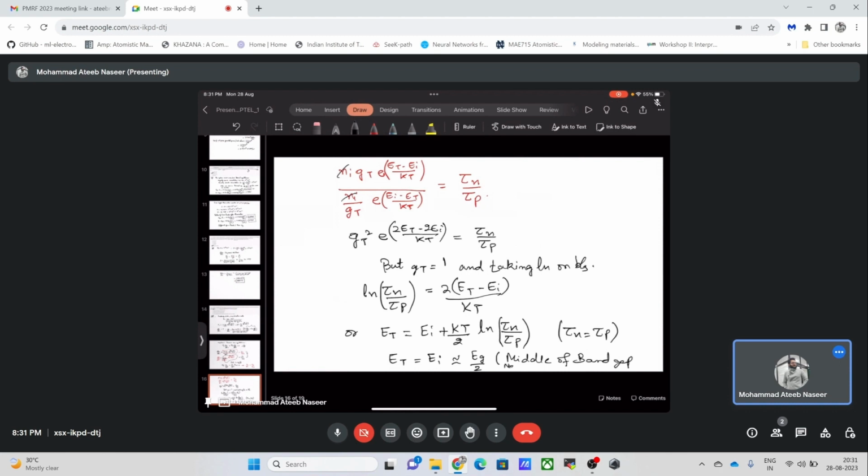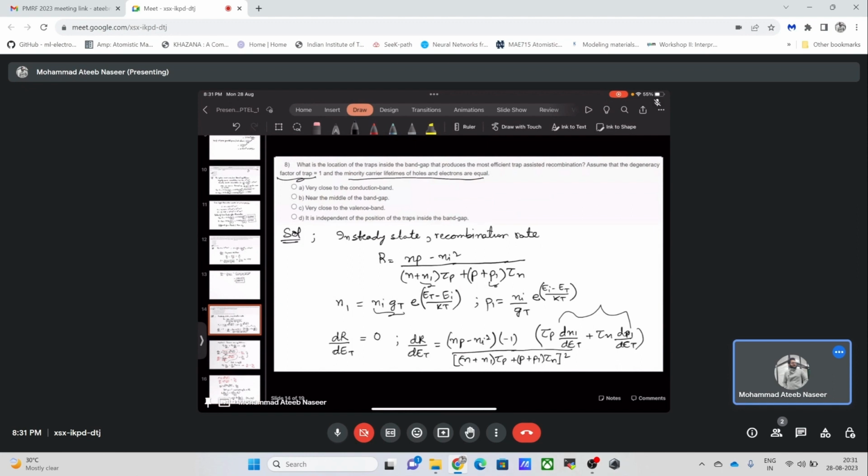Okay, so let's check the options. Option A is very close to the conduction band, which is false. Option B is very near to the middle of the band gap. This is the correct option.